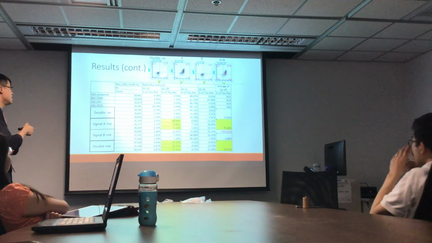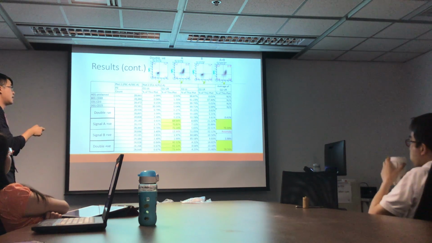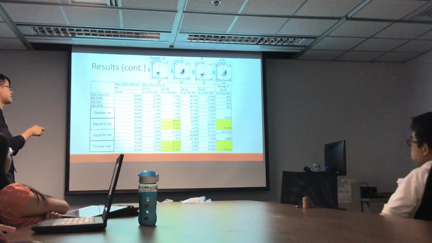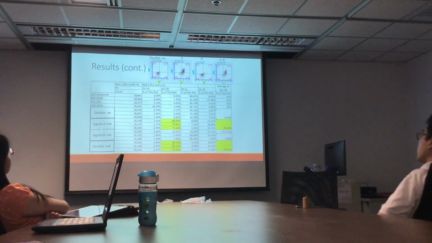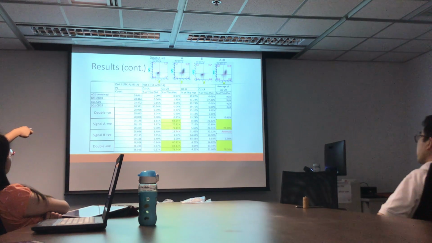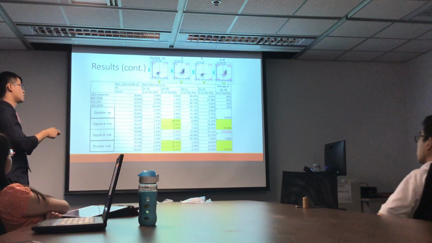As you can see, double negative has very little cell population in this area, whereas signal A positive, the T cells stimulated by signal A, has a much higher proportion of cells in this region, and this is the average of it.